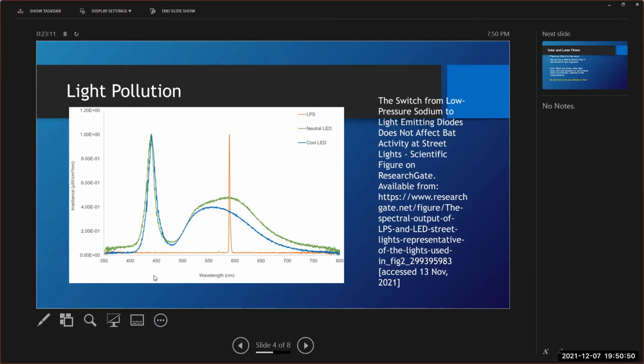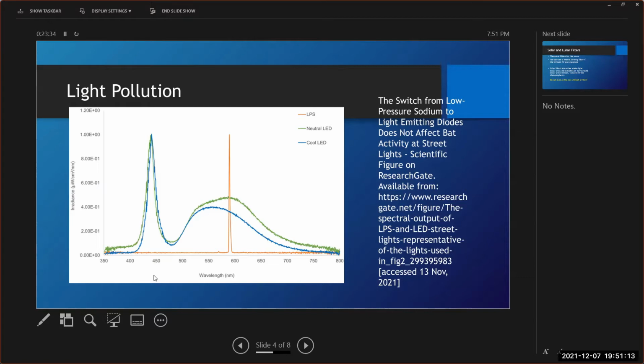The cool LED, I'm going to guess those are the real blue looking LED lights like we have near my home in Cary. Maybe the neutral LEDs are considered broad spectrum, but they're not that much different from the cool LEDs.